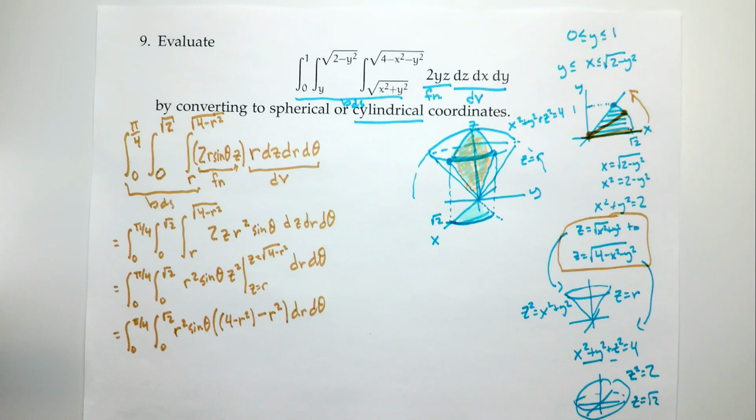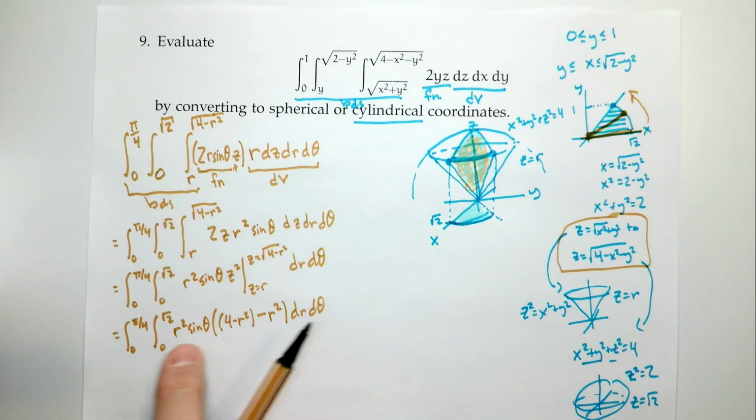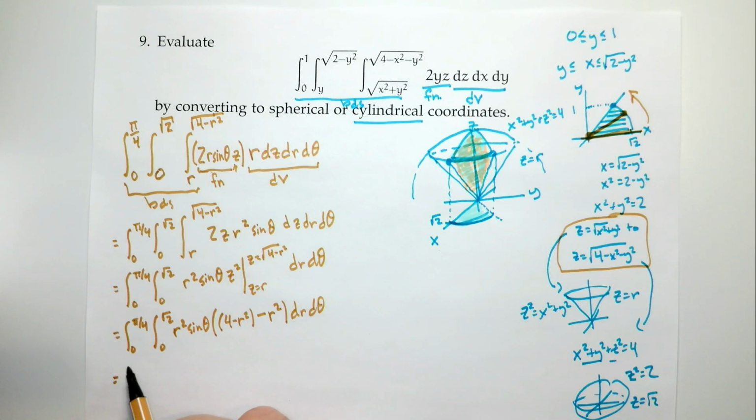Now at this point, we can start to think about pulling it into 2 integrals. Notice, there's only constants in our bounds, and we can think of it as a function of theta and functions of r multiplied together. So, integral 0 to pi over 4, sine of theta, d theta. And we'll work on cleaning that integral up in a second.